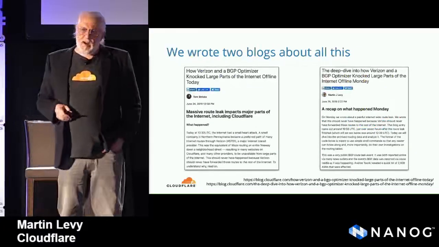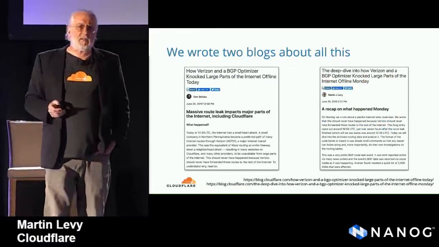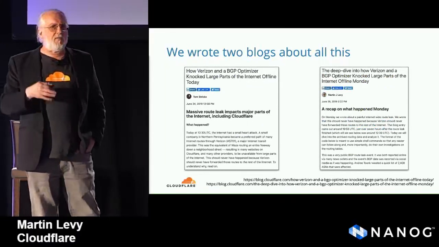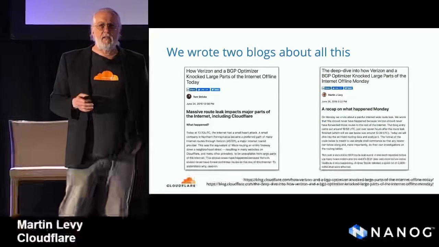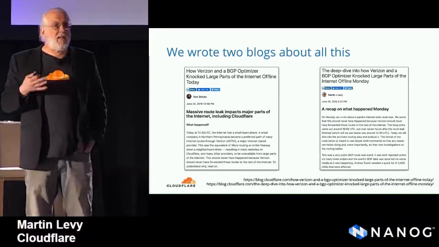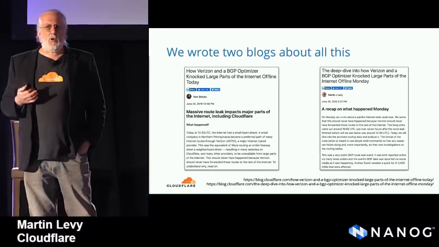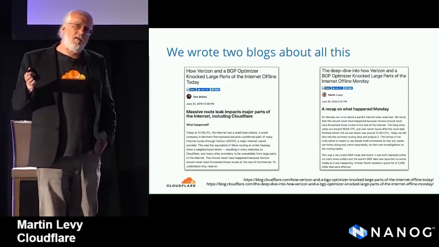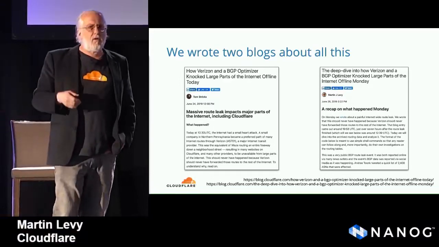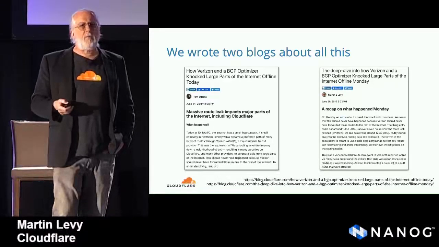So, I told you we wrote 2 blogs about this. The first blog we wrote within a few hours after we fixed it simply said what we really saw happening. Both of the URLs are here. Go grab them, read through them.